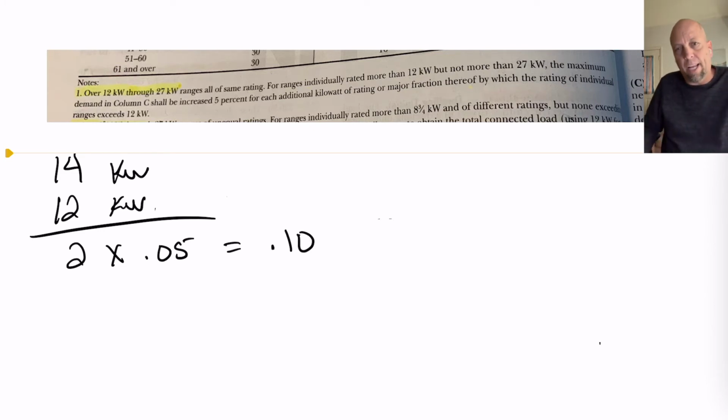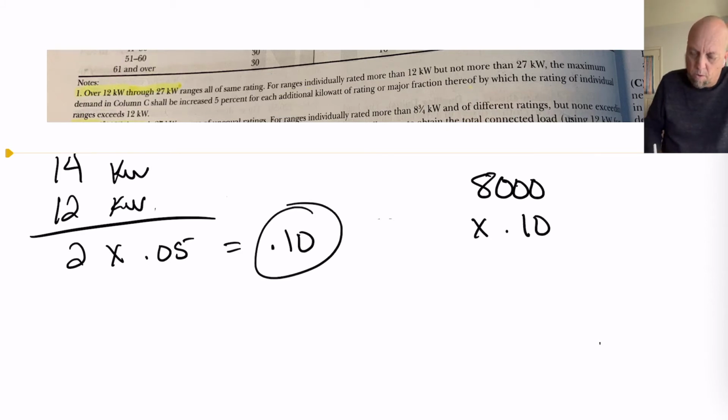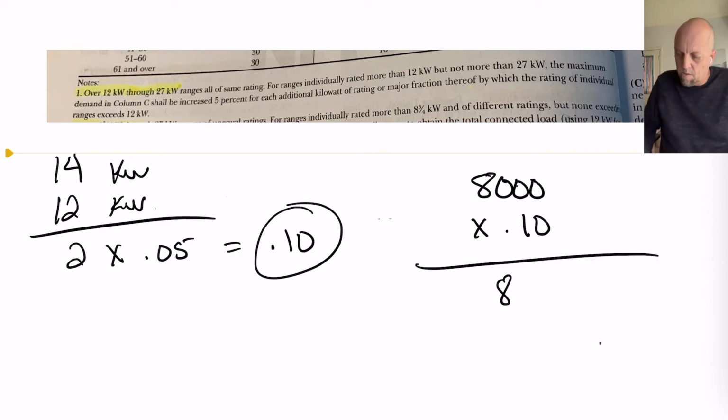Now we have to put it back into the 8,000. Remember the 8 in column C, first row, for 9 to 12 kW ranges is 8, so 8,000 watts. Multiply it times 0.10, and that will be 800.